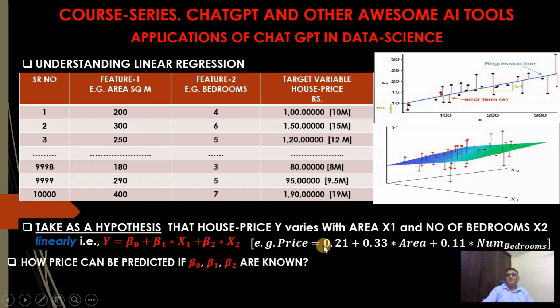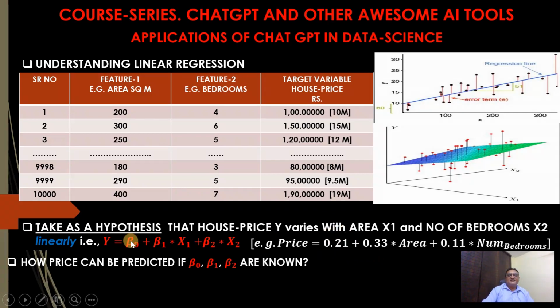Then I just have to plug in this equation 0.21 plus 0.33 multiplied by 300 plus 0.11 multiplied by 5. That would give me the price, say in million directly, suppose.